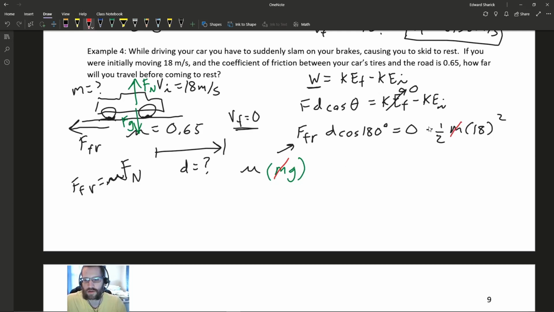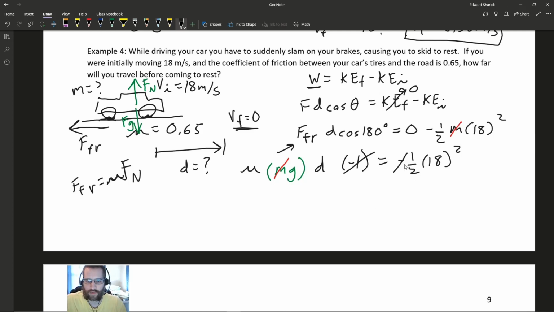Cosine of 180 is -1. So it's a little bit more complicated in terms of the math, but the negatives cancel. There's a negative on this side, negative on this side. We're multiplying, so these go away.